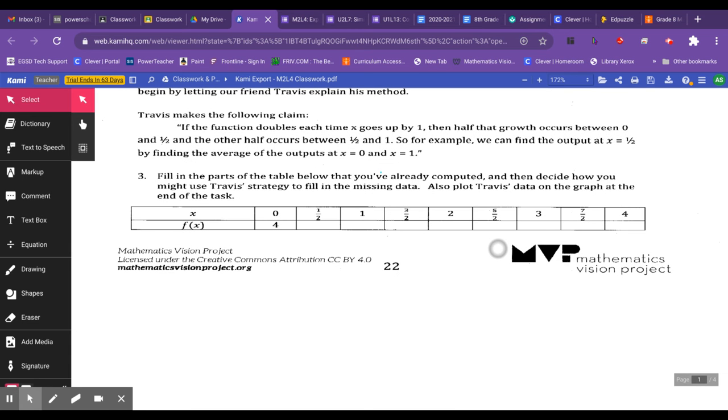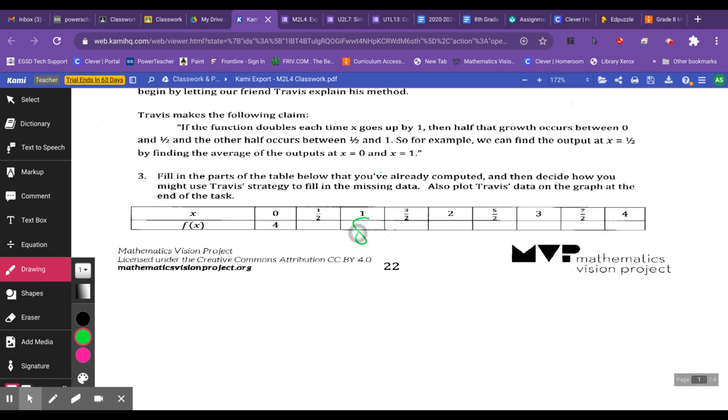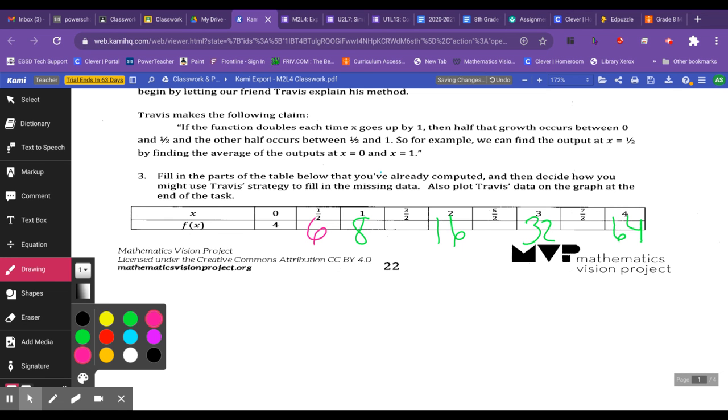So we're going to fill in the ones we originally had. So this was an 8, 16, 32, and 64. And so what he's saying is, I'll use pink, 4 to 8, so kind of the arithmetic way of it, there's 4 between them, so half would be 2, and that puts us at a 6. 8 and 16 are 8 apart, so halfway between them would be 4, so that makes this a 12. 16 and 32 are 16 apart.